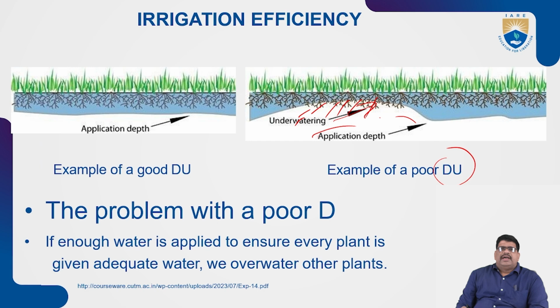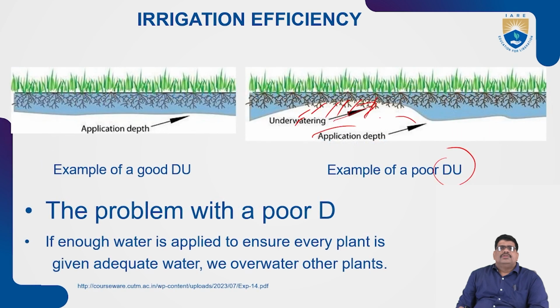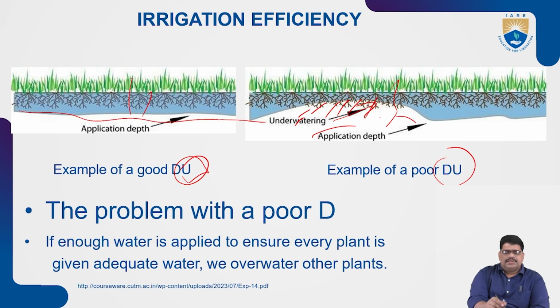That is a good example of water distribution uniformity. Distribution uniformity, we call DU, is nothing but distribution uniformity. Let us understand this one. This one is different, this one is different. The water flowing will be at the same level.